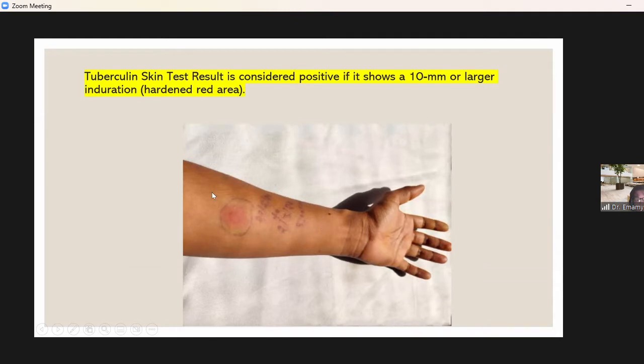What do you consider a positive tuberculin test? More than 10 millimeters of induration. So it's not only redness. Induration means hardness and redness together. If the patient has more than 10 millimeters of induration, this patient has a positive tuberculin test. You send the patient for chest X-ray and other evaluation.